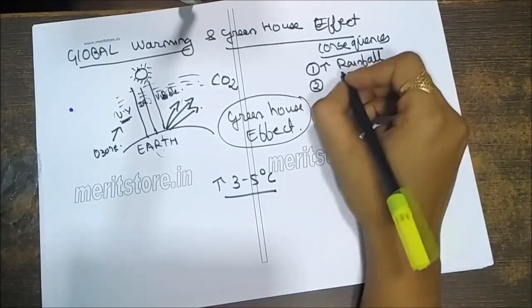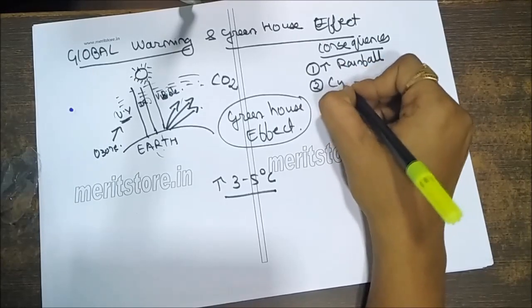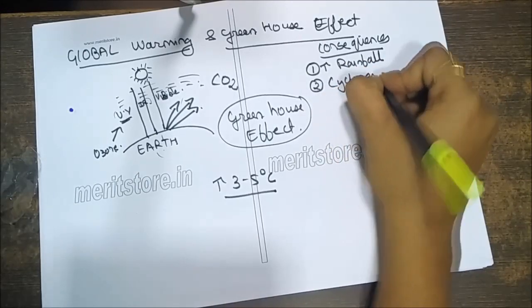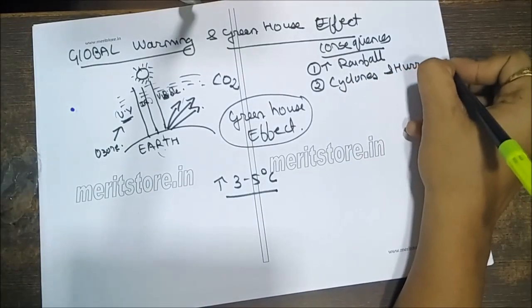Next, it would cause the formation of cyclones and hurricanes. So mass life destruction can occur.